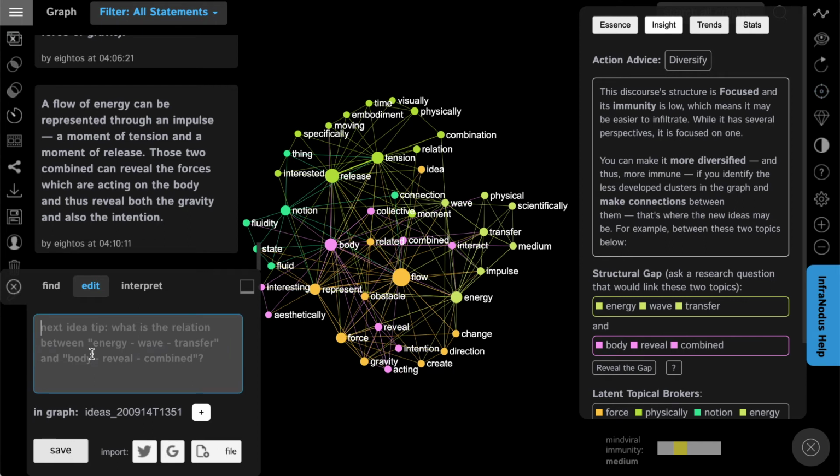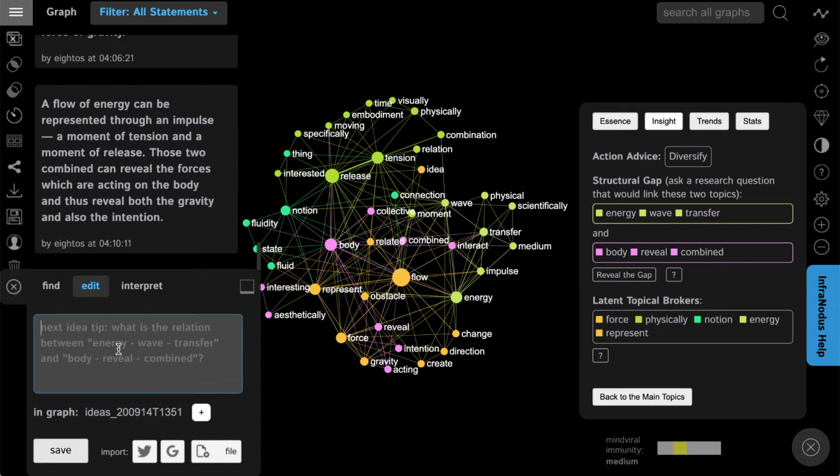So in this case, we're just thinking of both of them together. So the force of gravity, the energy, the representation of the flow. Let's see what we can add further into this brainstorm of ideas.